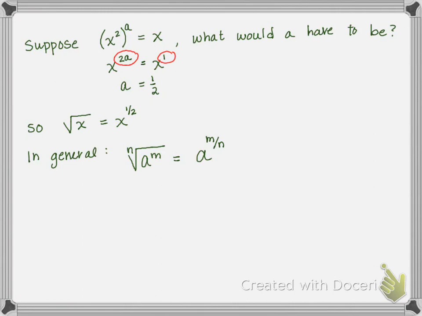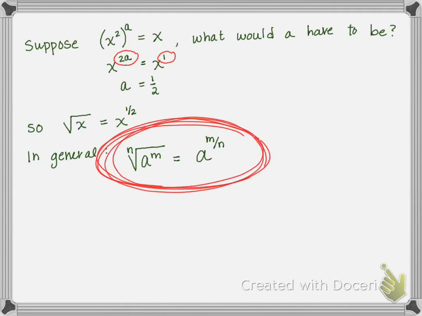Because the nth root is the same as raising to the 1 over n power, and 1 over n times m is just m over n. You should write this really, really big and put lots of circles and stars around it. It will answer 95% of your questions tonight on your homework. It's like the thing.